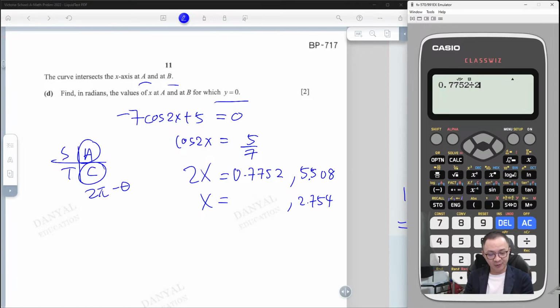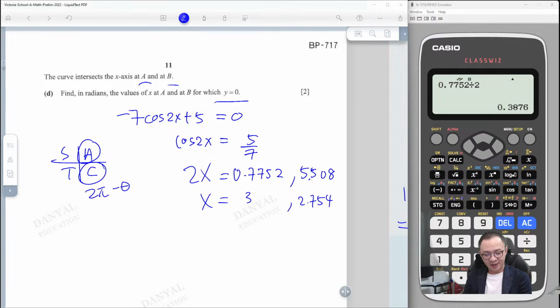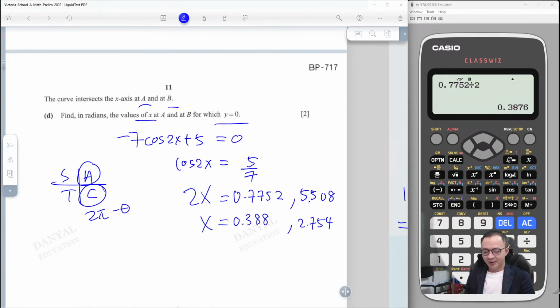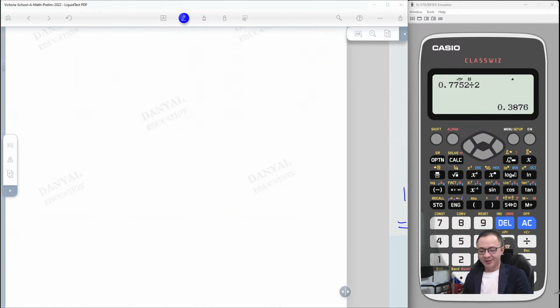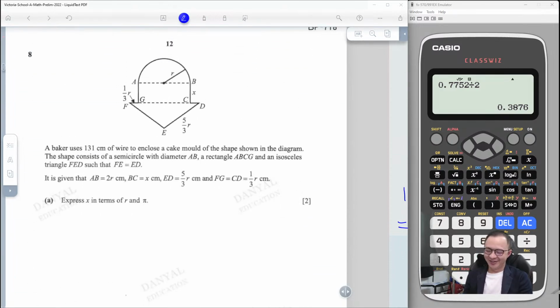And 0.7752 divided by 2 is 0.388. They ask us to find the value of x only, right? Yeah, we're done. If they ask about coordinates, then we need to add the 0 for it, right? Yeah. If you found any mistake, do let me know. I'm very good at making careless mistakes sometimes.